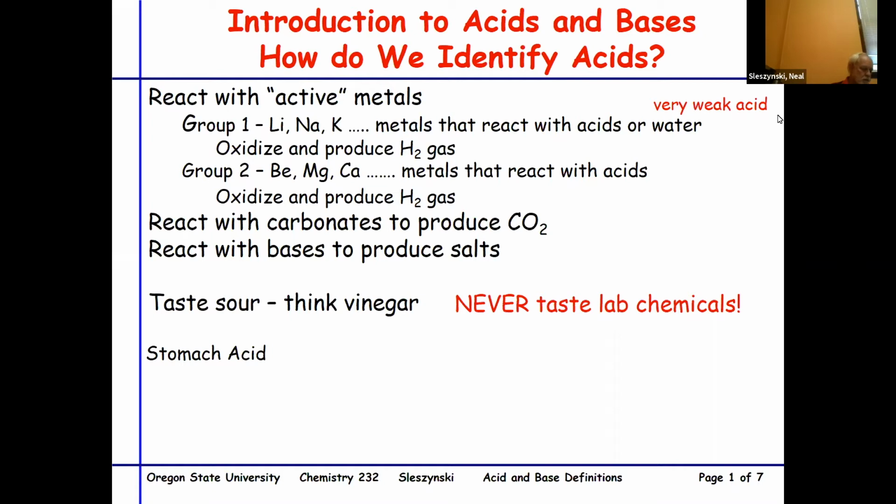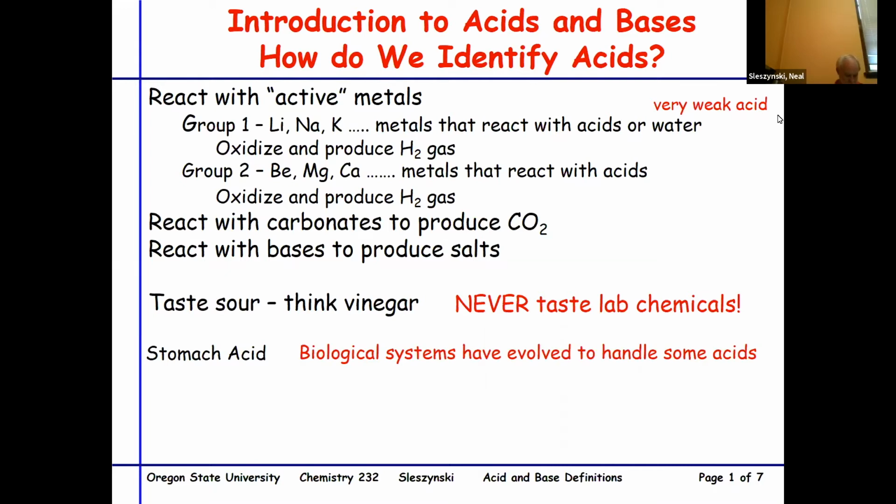Our stomach has a small concentration of hydrochloric acid, which functions in two ways. One, it starts to pre-digest our food and also acts as an environmental barrier to most bacteria that we would ingest in our food to keep those bacteria from progressing through our digestive system.